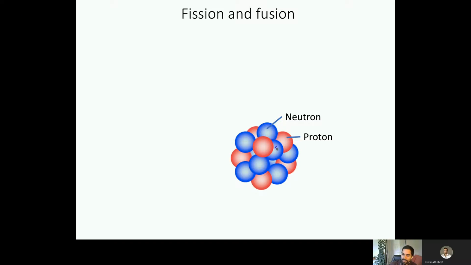They're used kind of like a glue inside the nucleus to hold the whole thing together. And different nuclei will have different stability. Depending on the size of your nucleus and the amount of protons and neutrons, your nucleus can be more or less stable.